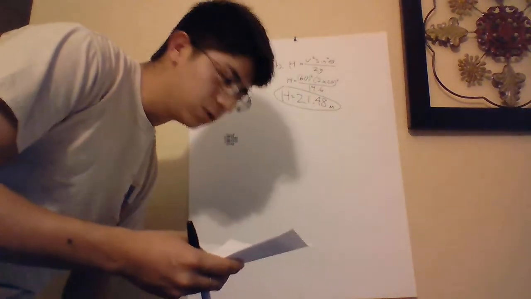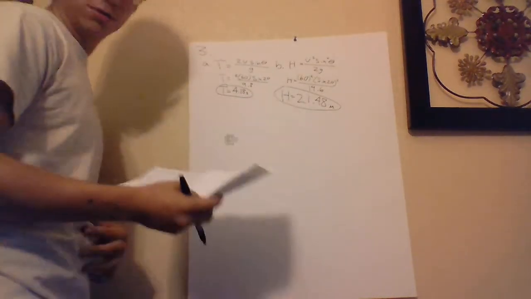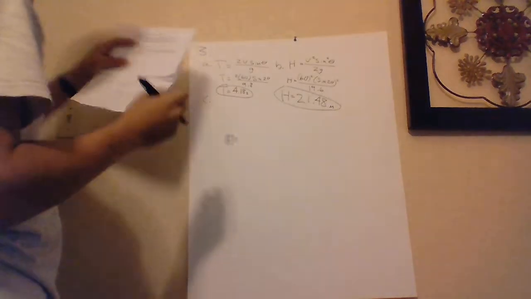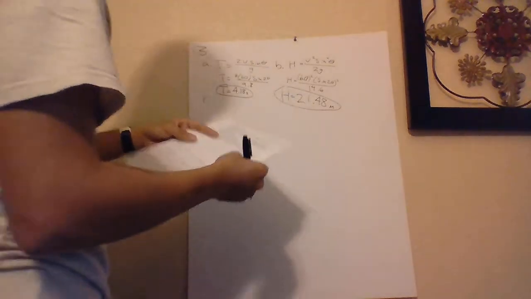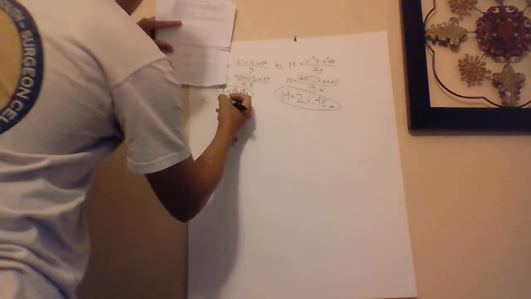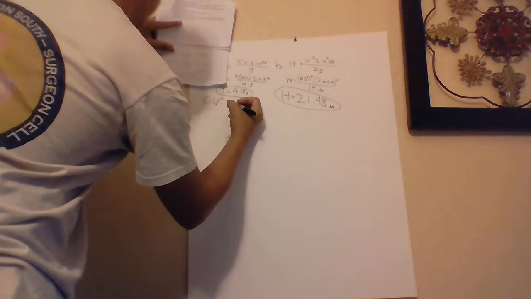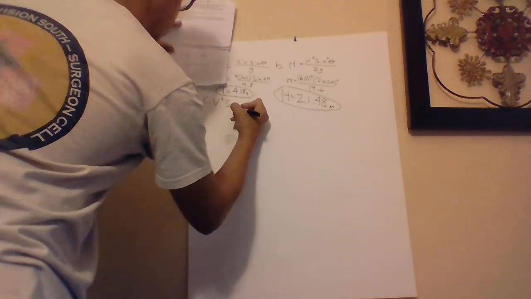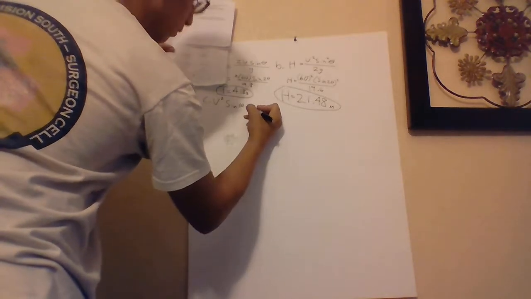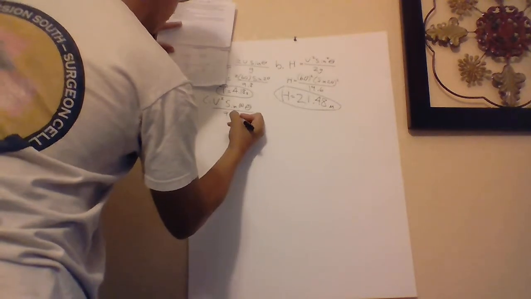Now for C, the horizontal distance that it travels before hitting the ground, that is the range. Once again, it's another formula. It's velocity squared sine 2 of the angle over 9.8.